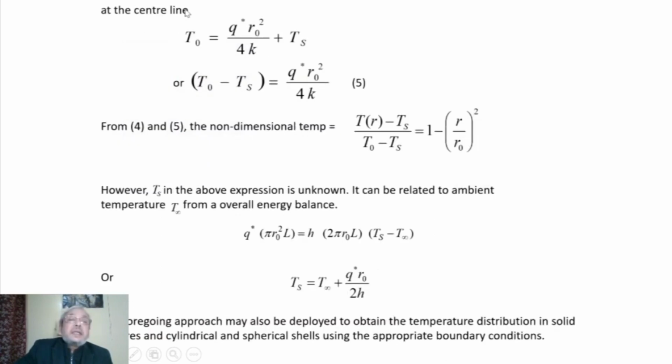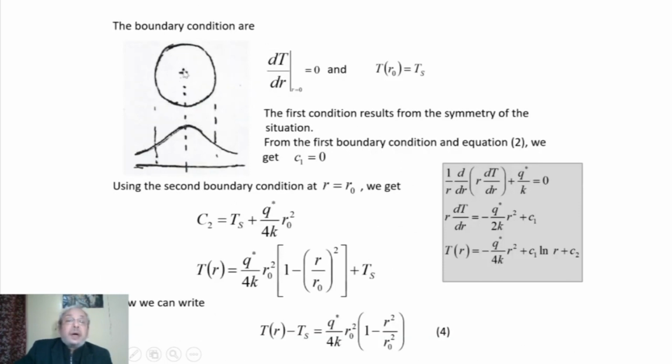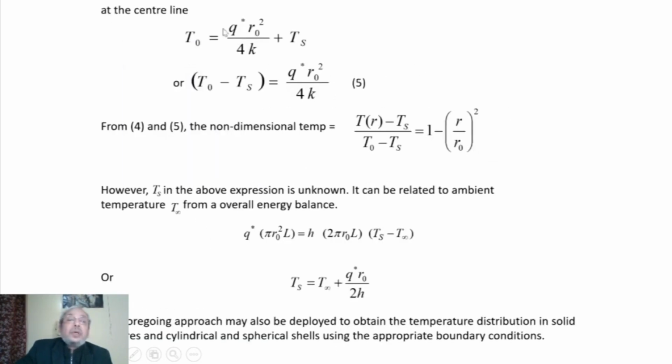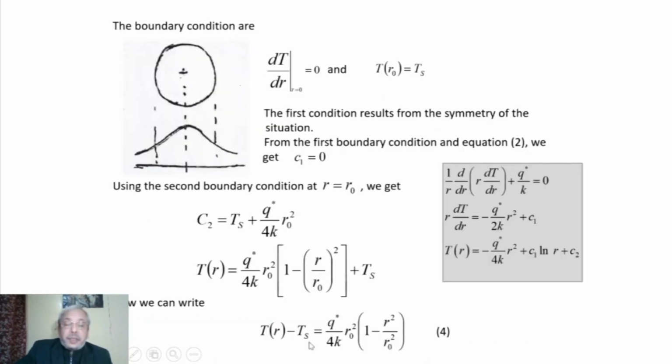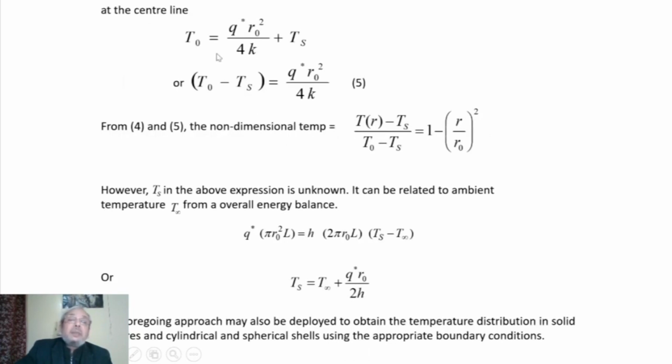At the center line, T equal to T naught, that is we can say dT/dr equal to 0, that is one thing, but here temperature is also maximum temperature. So T naught, in this expression, if we substitute R equal to 0, we will get the maximum temperature, which is T naught equal to Q star R0 square by 4K plus Ts.